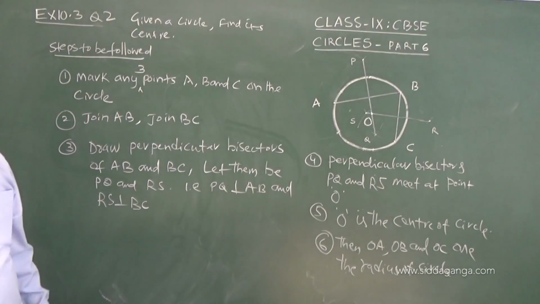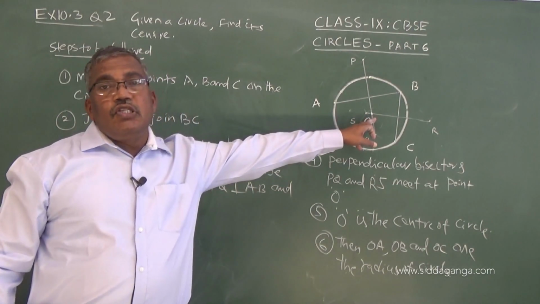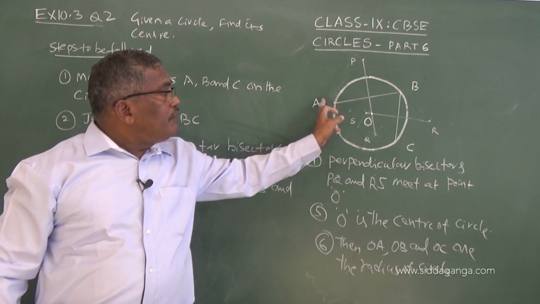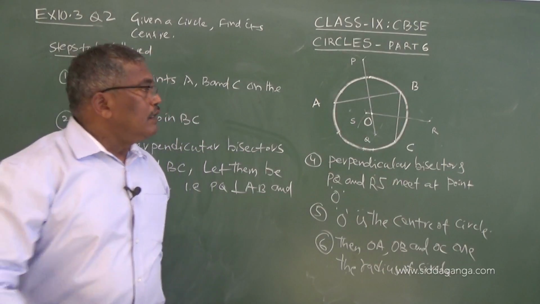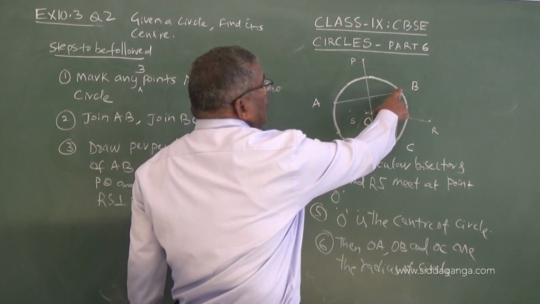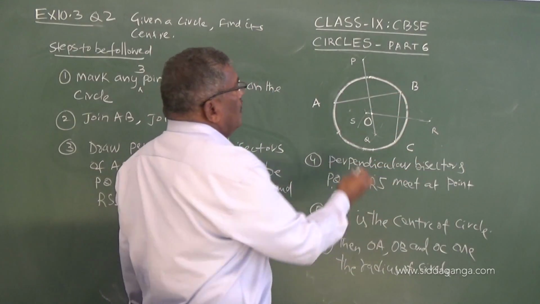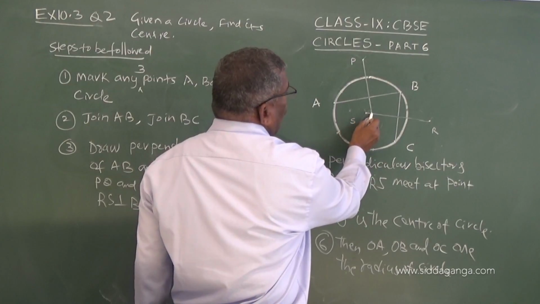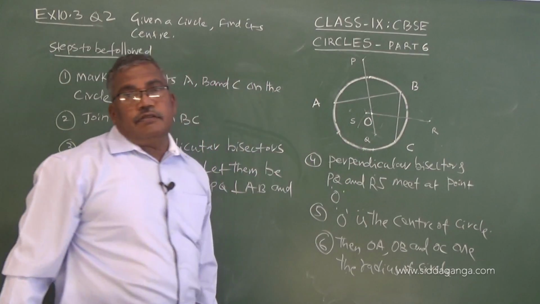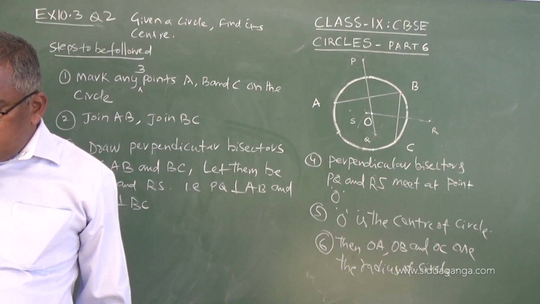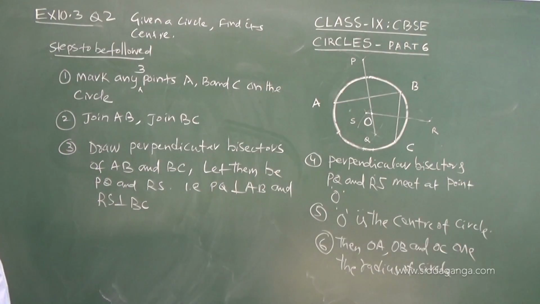So we have located the center which was not known and we have found out the radius of the circle. Using a divider you can measure this distance and you can measure on the scale, or you can join AO and measure the length, both are the same. So that is the radius of the circle.